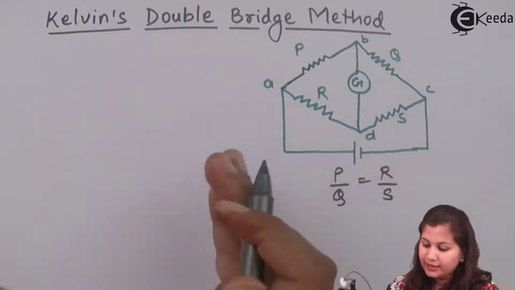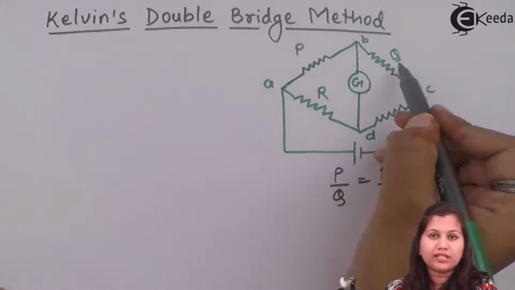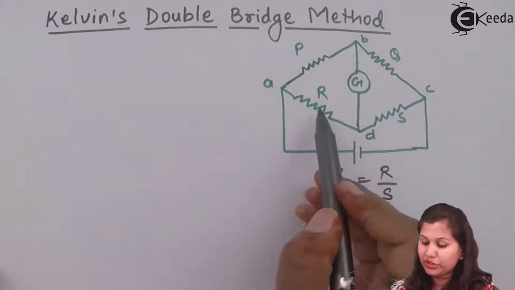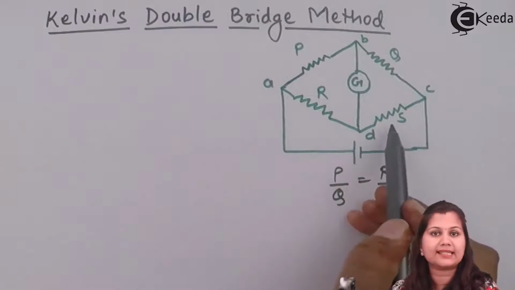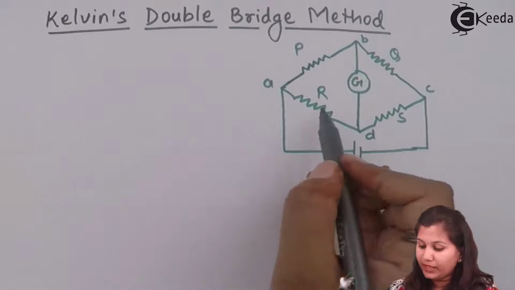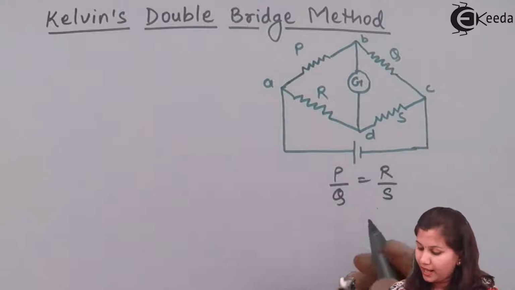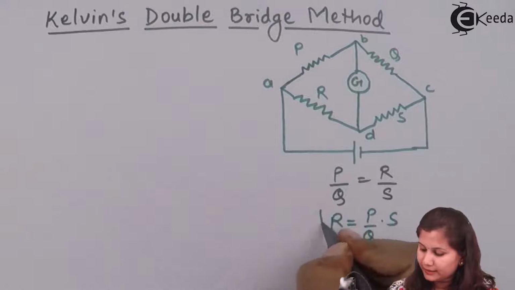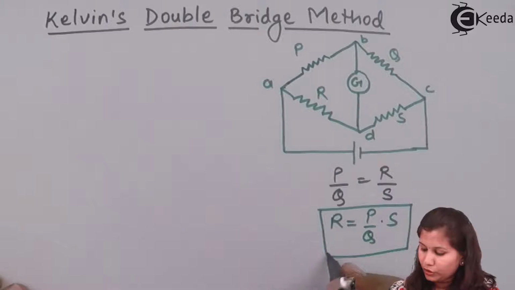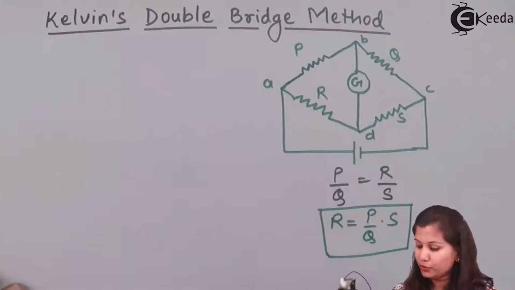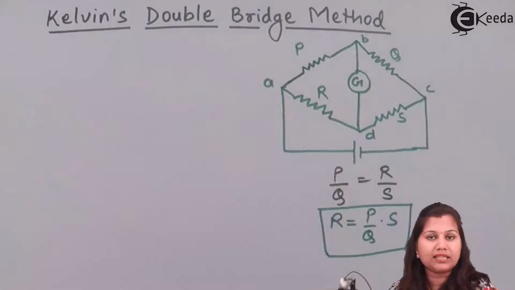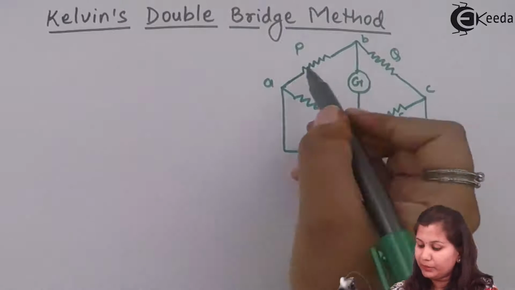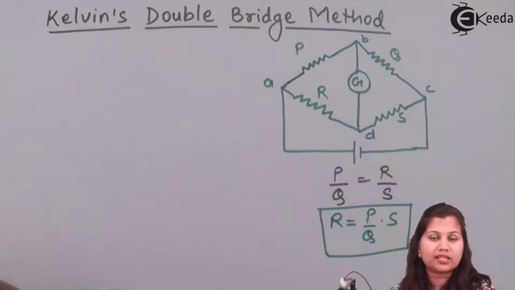Suppose that P, Q are the known resistances in the Wheatstone bridge, R is the unknown resistance, and S is the standard resistance. We calculate this unknown resistance R by the formula P by Q into S. We can use the Wheatstone bridge for the measurement of resistance, but when implementing it in the laboratory, all these resistances are connected to each other through connecting leads.